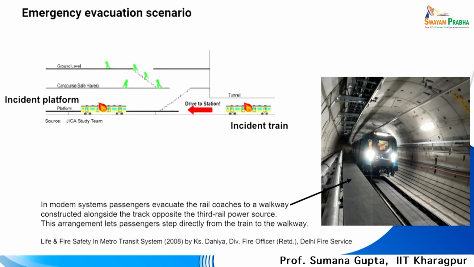Also, inside the tunnel, current metro stations have a ledge, a narrow platform like. So, inside the tunnel, if there is a case of fire, it is called the incident train. What to do? Yes, the best option is to drive to the station, but if you have to stop the train, there is a walkway just opposite to the power line through which the people can come out.